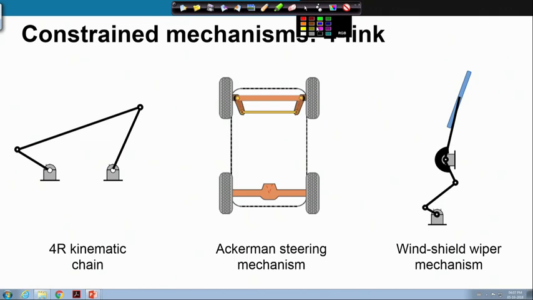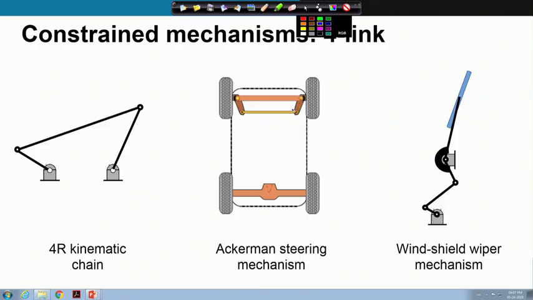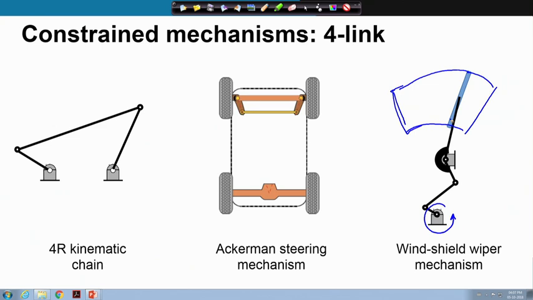As you can see here, in the steering mechanism, it is the steering wheel that we control in order to steer the car. That is the input to this steering mechanism. On the other hand, for the wiper mechanism, you have a motor which is rotating here and which drives the wiper to wipe the windscreen.